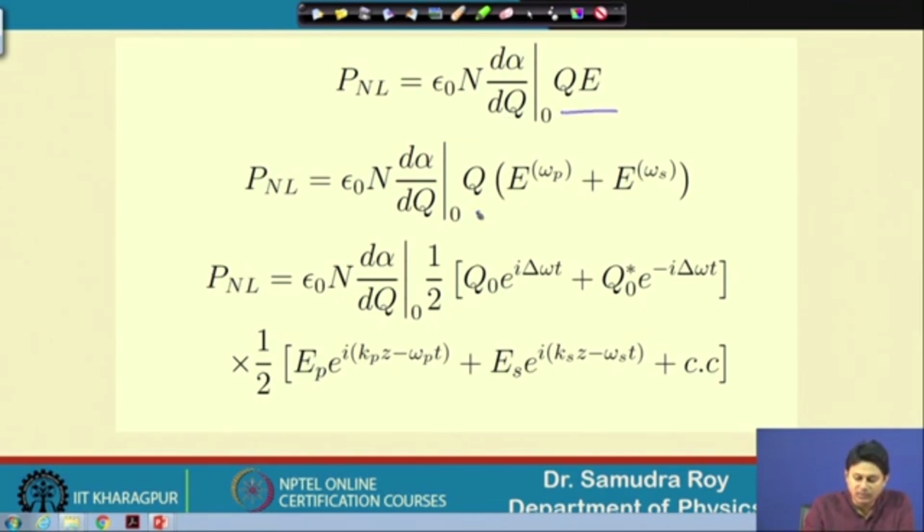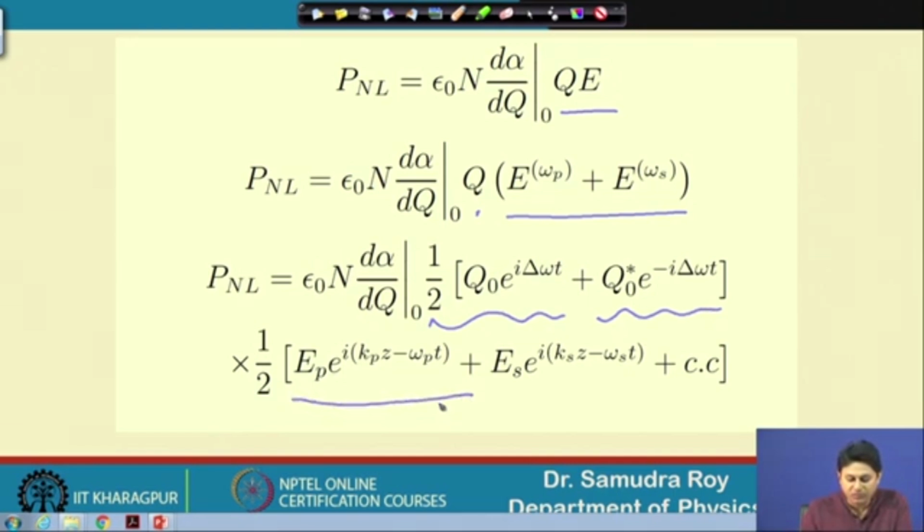Q is sitting here, and E has two terms, E at omega p and E at omega s. So, now I write the extended form of Q, which is half Q0 delta omega t, Q0 star delta omega t with a negative sign, with EP e to the power i Kp z minus omega t, Es e to the power i Ks z minus omega t, plus complex conjugate.